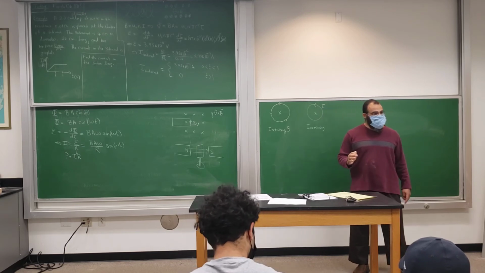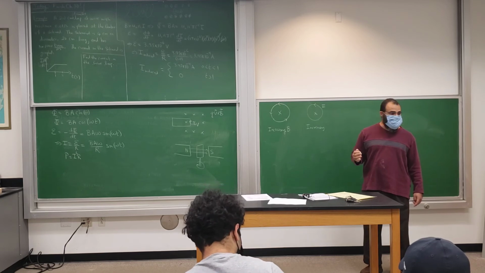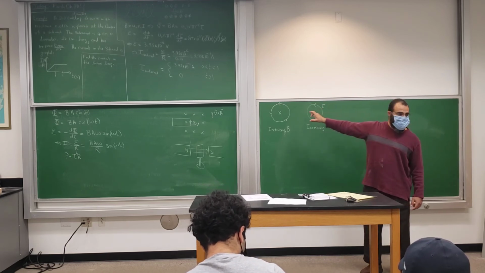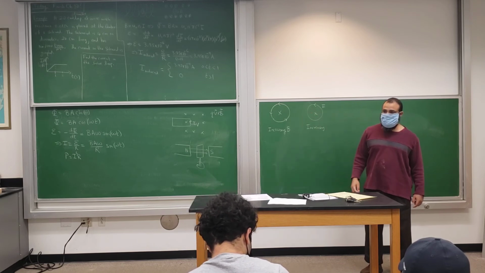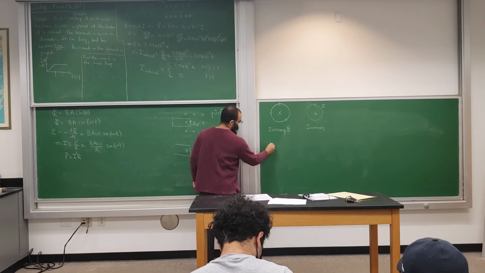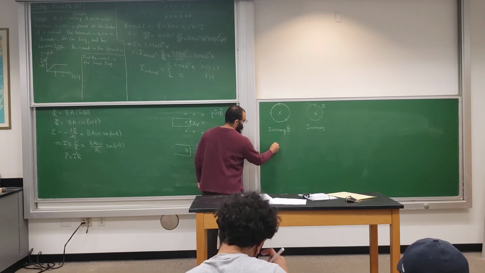To determine the direction of the induced electric field, think about what happens when you put a physical loop there. What happens? Okay? And so this is the left side now of Faraday's law.